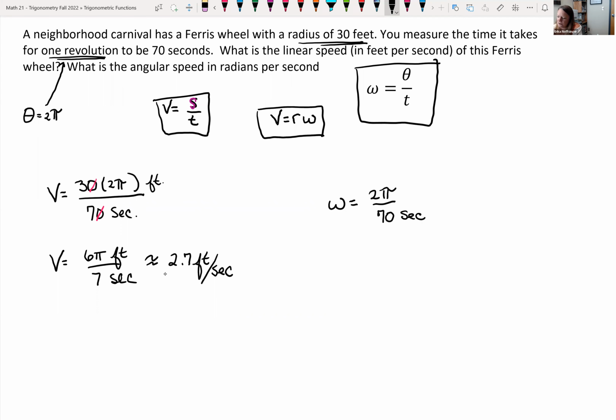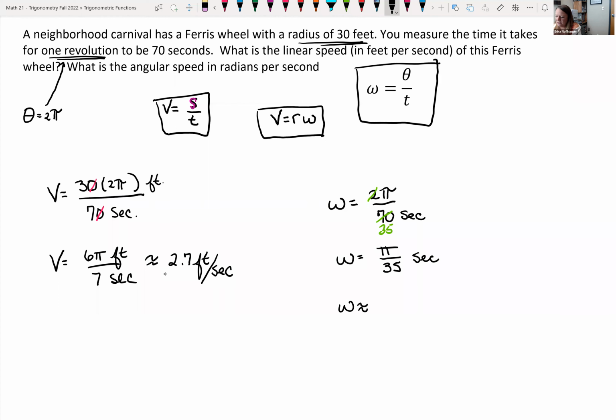Well, 2 goes into 70 evenly, 35 times. And so the angular speed is pi over 35 radians per second.